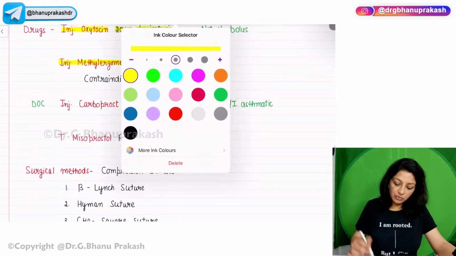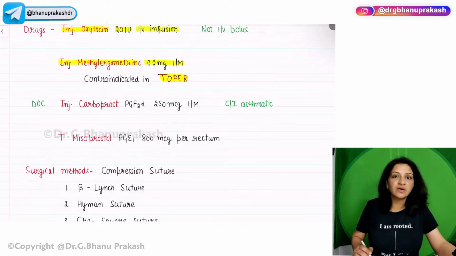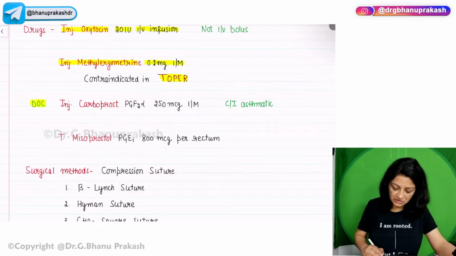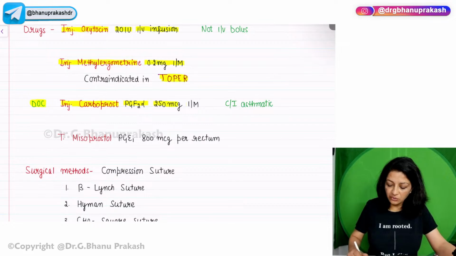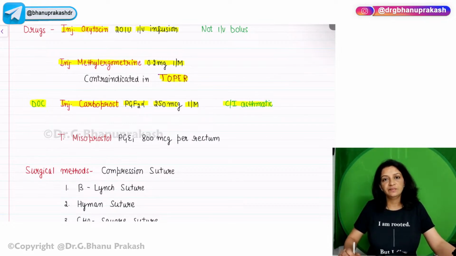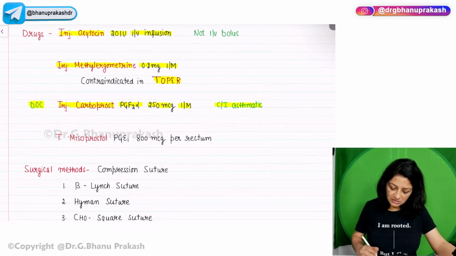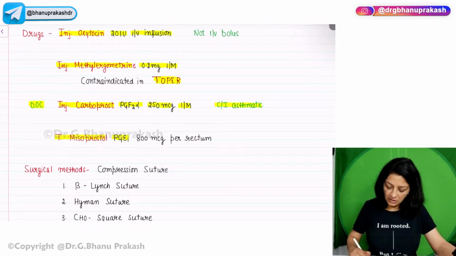Second, if the question asks what is the drug of choice for postpartum hemorrhage, that is injection carboprost, prostaglandin F2 alpha, 250 microgram intramuscular, but contraindicated in asthmatic patients. And the last drug is misoprostol, prostaglandin E1, 800 microgram per rectum.